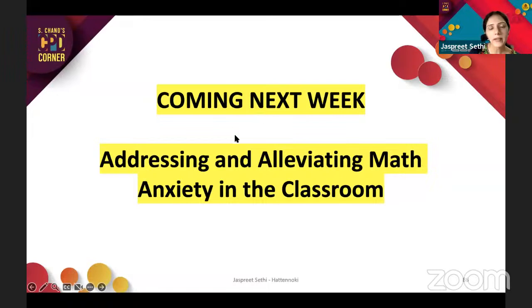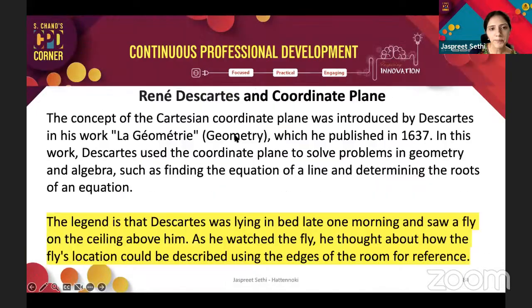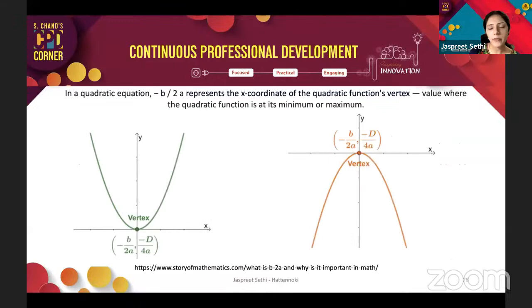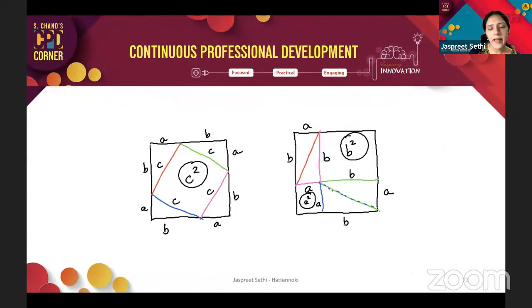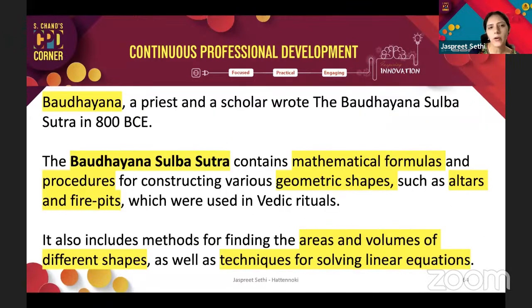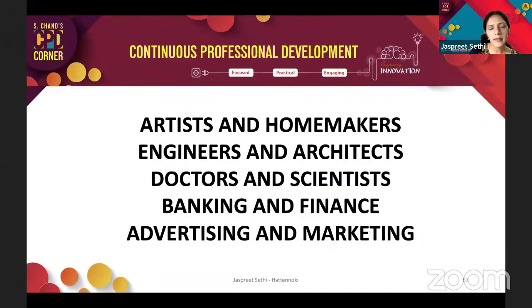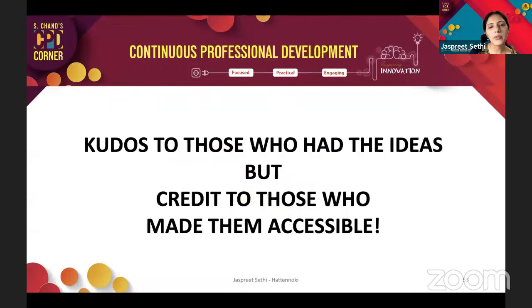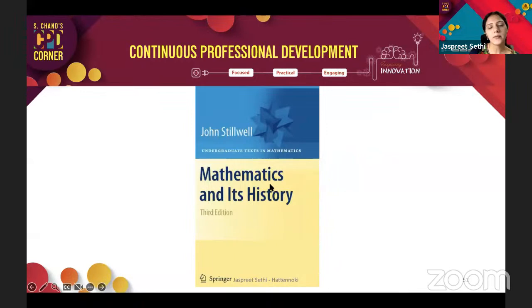This was from my undergrad, and I'm sure there are many more out there. There's also a course, if I'm not wrong, taught in Australia on the history of mathematics online, and it's free. The book that I studied from is Mathematics and Its History by John Stillwell, and that would be a great resource to invest in.